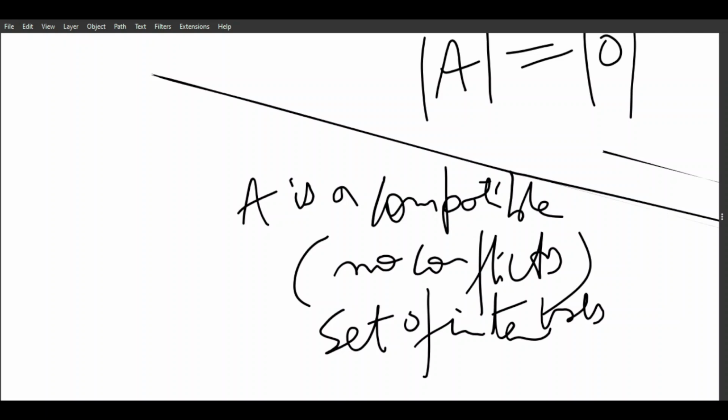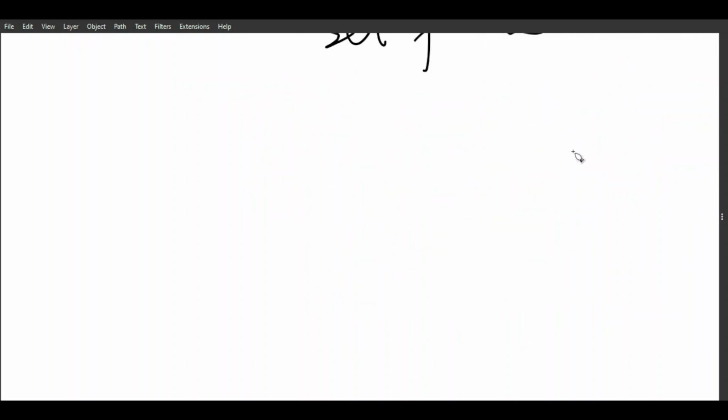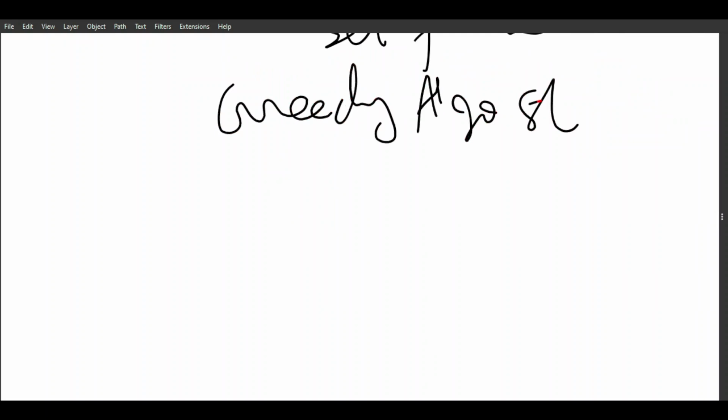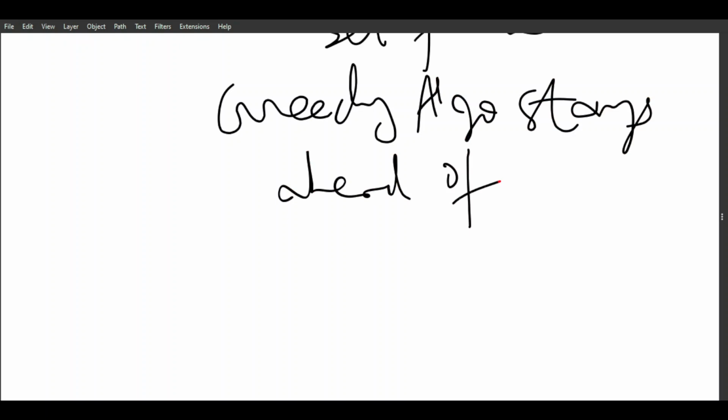Now how to proceed with the proof? Greedy algorithm stays ahead of optimal.